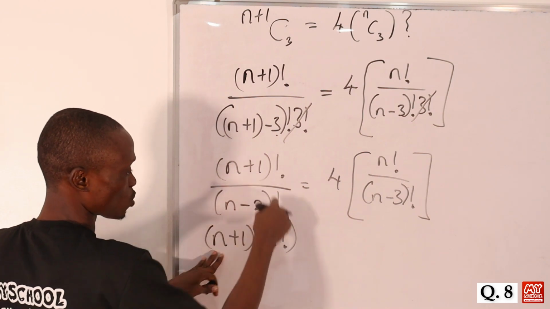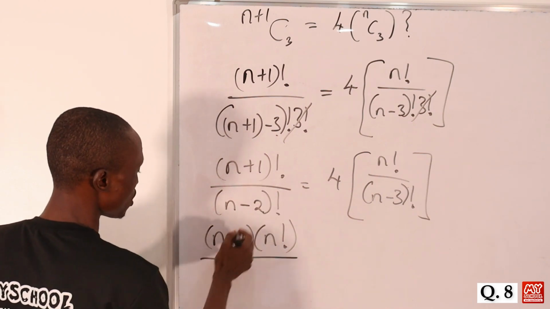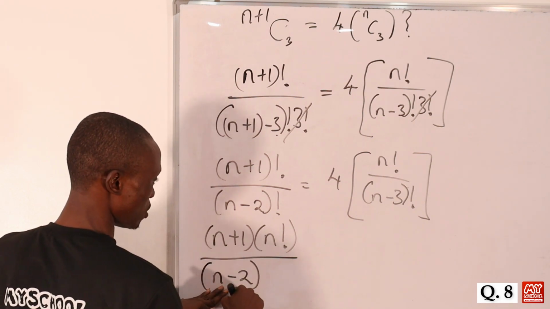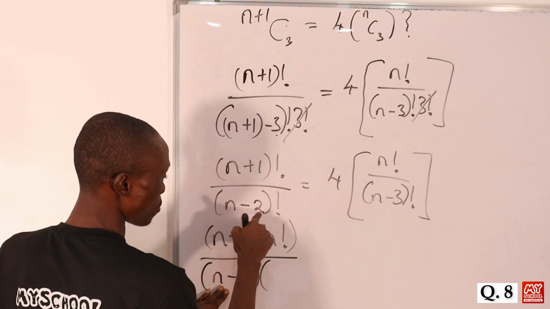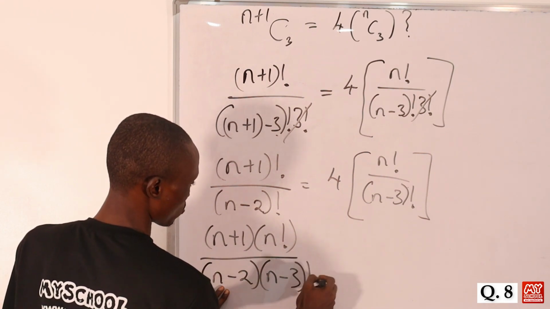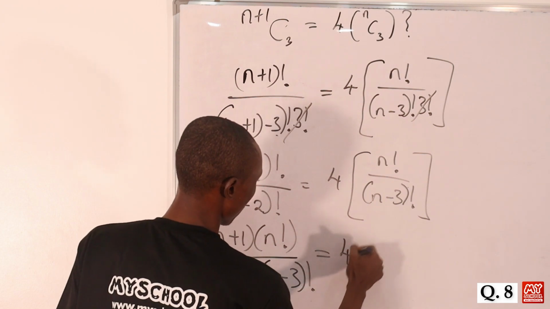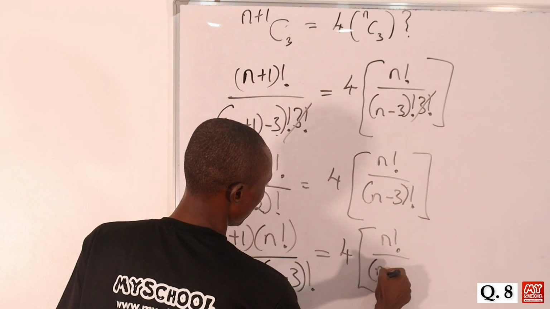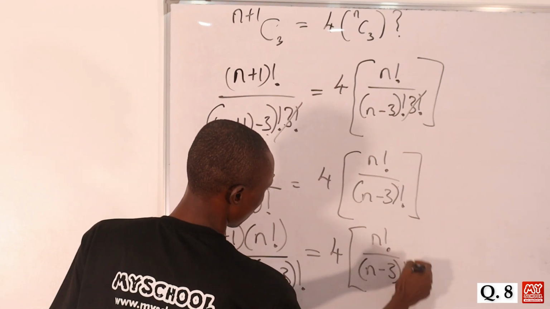If we subtract 1 from this, we have n factorial. Here we do the same thing, so that we have n minus 2, then we keep this, then subtract 1 from n minus 2, which is (n minus 3) factorial, and this is equal to 4 times n factorial over (n minus 3) factorial.